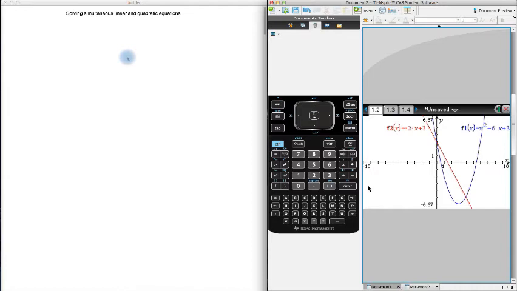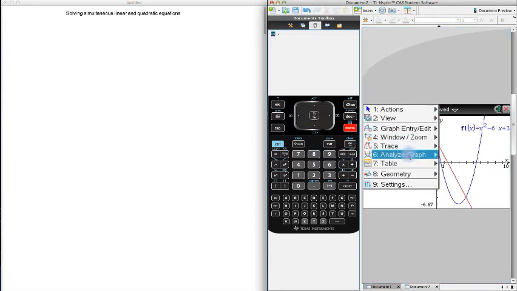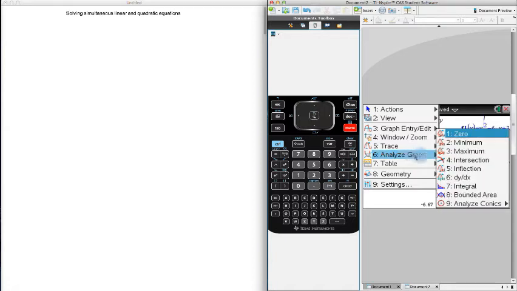So first, let's look at this equation here, and let's look at it first off just with the CAS calculator. So perhaps I'll go through all three examples with the CAS first. It's fairly easy to find a point of intersection. What we're doing is analysing these graphs, and we're looking for the point of intersection number 4 here.